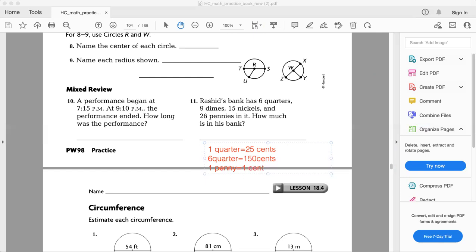So tell me, beta, 26 pennies will be equal to how many cents? 26. Very good. Now tell me the next one.